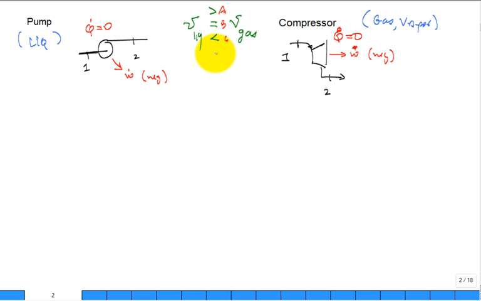Did I mention I always use my hands when I'm trying to understand or explain specific volume? The volume encompassed by my two hands, like around a ball. If it's a small specific volume, I don't need very many cubic inches for a pound, or very many cubic meters for a kilogram.